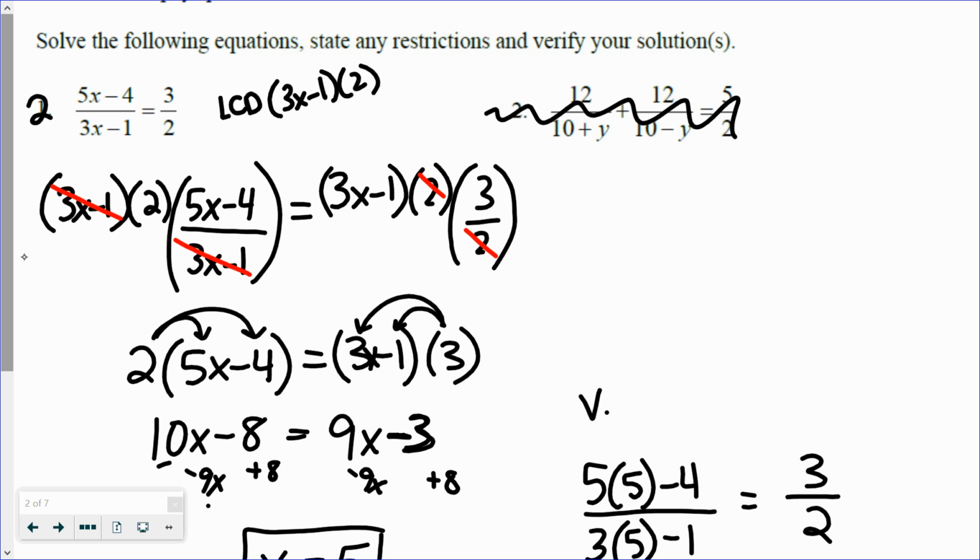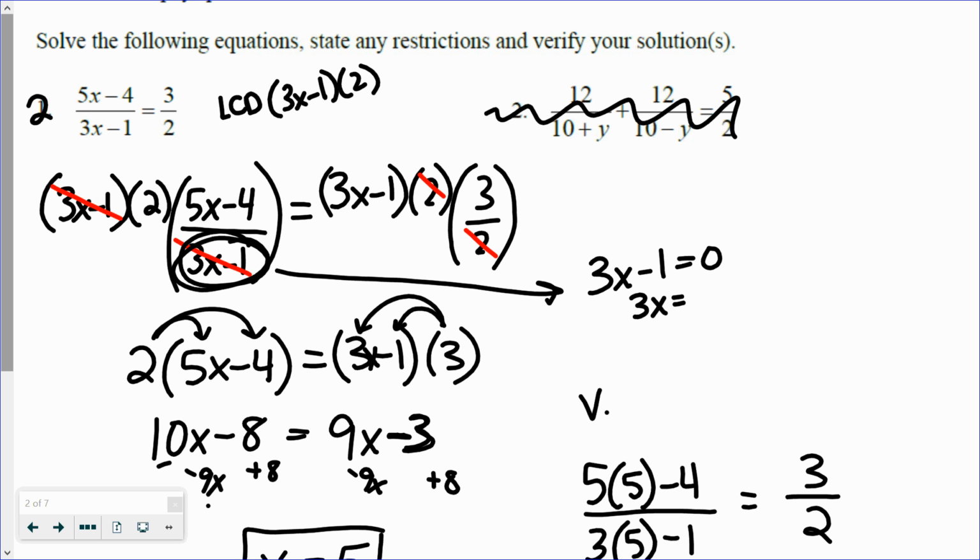So we know, based on this portion that I crossed out, we have a restriction on x. And so you could figure that out by going, we know that we can't have a denominator equal to 0 because you can't divide by 0. So we want to figure out what makes that equal to 0. So we have a restriction of x cannot be equal to 1/3 because that would make our denominator equal to 0, and you cannot divide by 0.